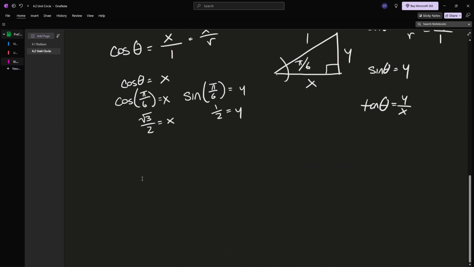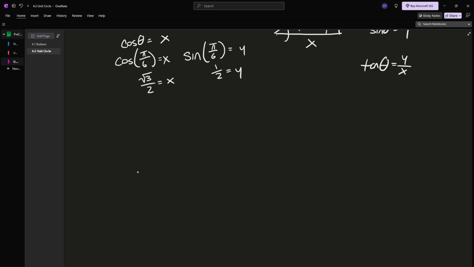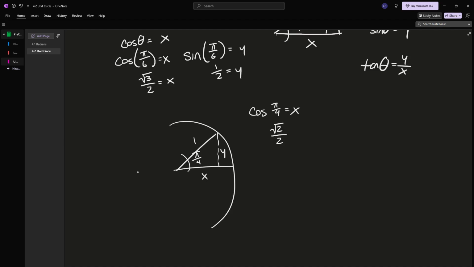So let's do it again. The next triangle would be if my little circle was at pi over 4. You draw a little triangle, x, y, 1, and cosine of pi over 4 equals x. So root 2 over 2 equals x.